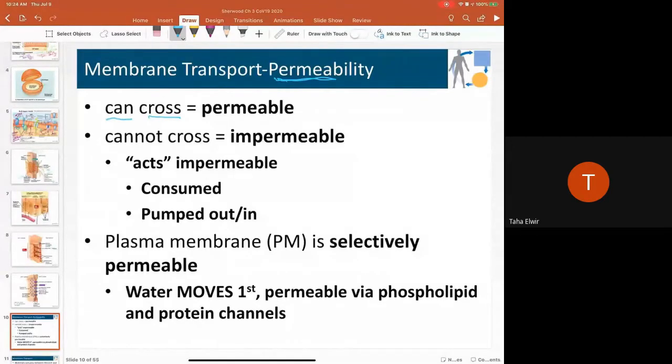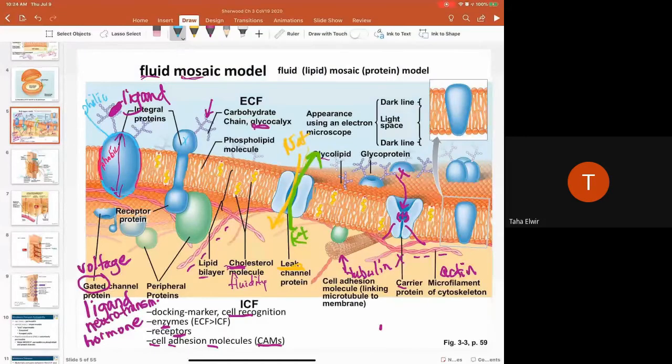We go back to the fluid mosaic model here. If something is lipid soluble, it can go right through the plasma membrane because of the phospholipids and cholesterol. So it has to still be slightly water soluble to get to the plasma membrane, but once it gets to the lipid part of the membrane, it goes right on through.